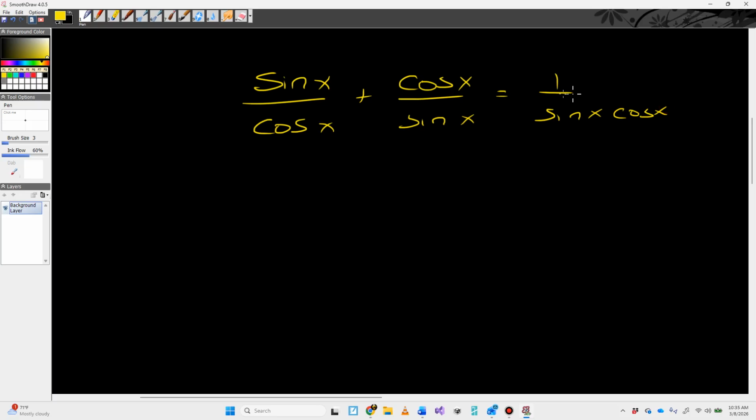Well, there's one thing that I see immediately: on this side I see a denominator with sine x cosine x, and on this side I see a denominator that's got a cosine x, and I see a denominator with a sine x. And how do I get from two fractions that have different denominators to another fraction that has both of those denominators together?